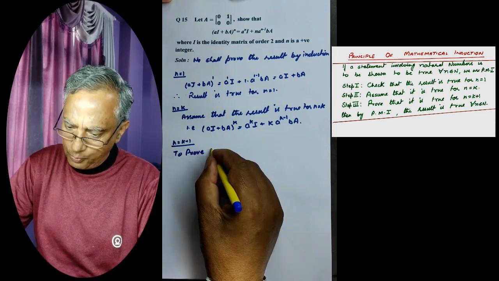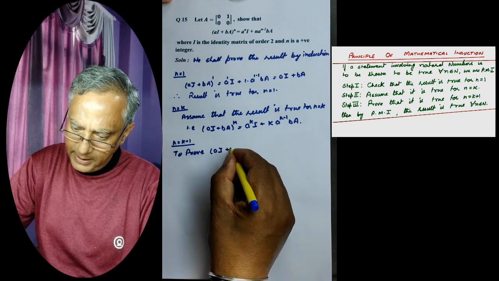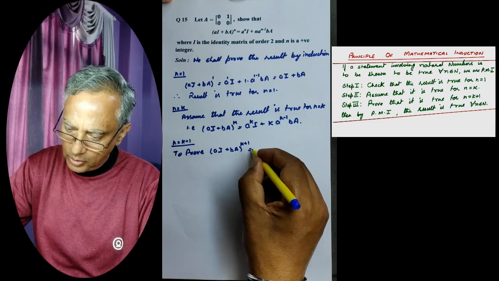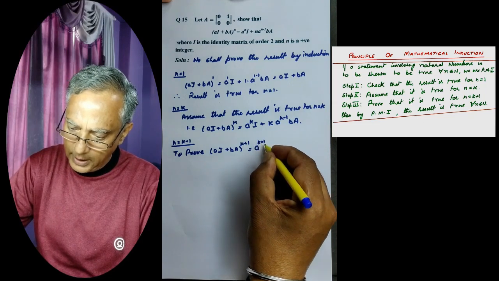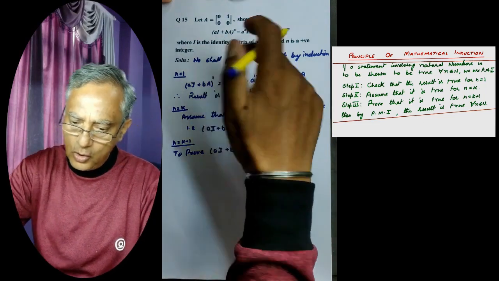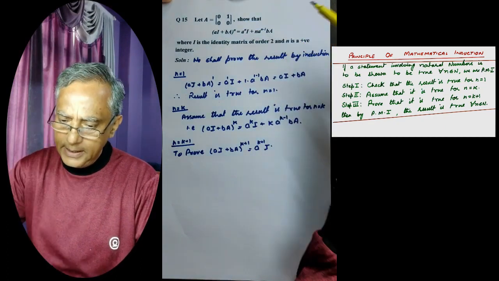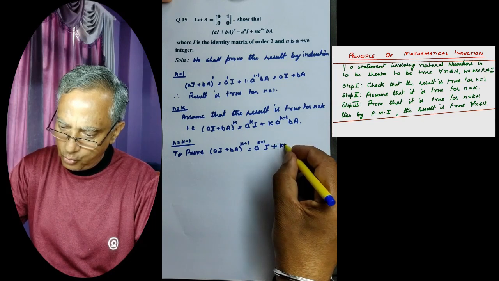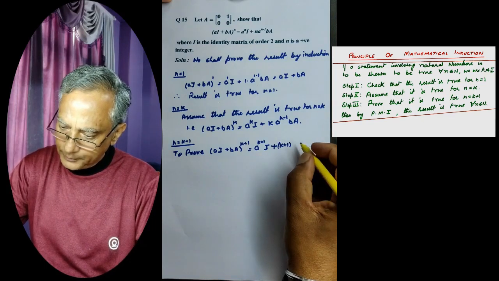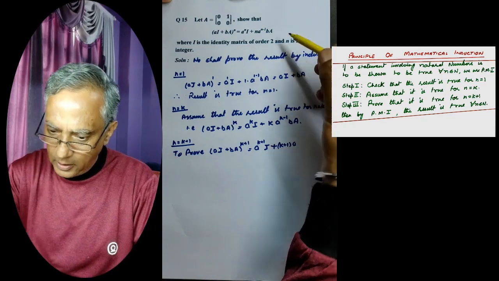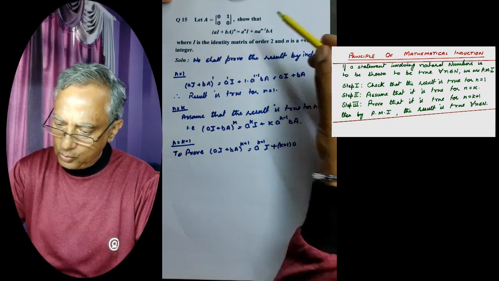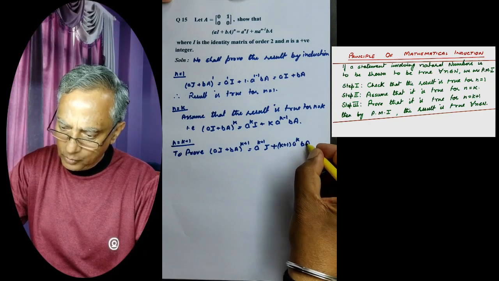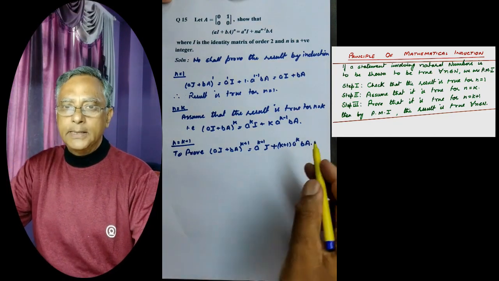That is, to prove (aI + bA)^(k+1) is equal to a^(k+1) I plus (k+1) a to the power of, now n is k plus 1, k plus 1 minus 1 will be k, this is k, bA. So we have to prove this result.